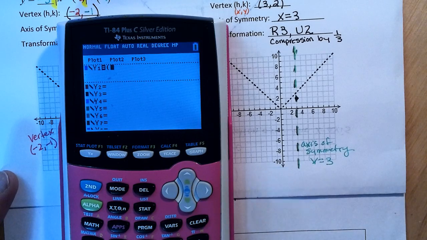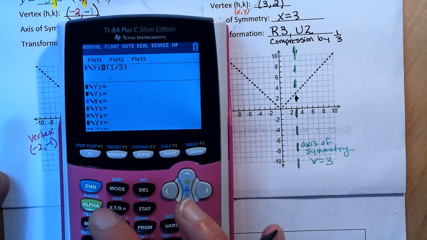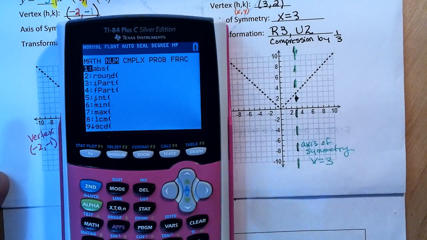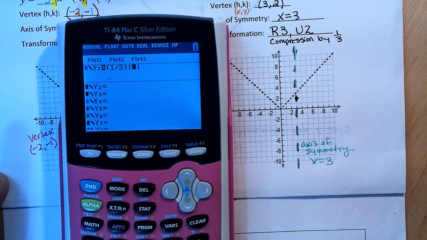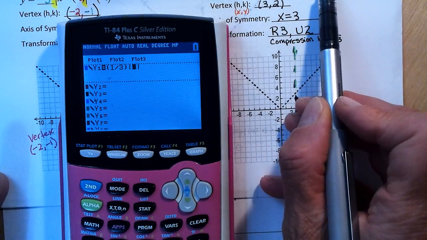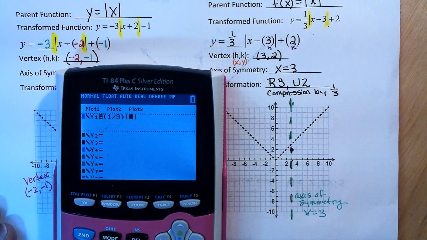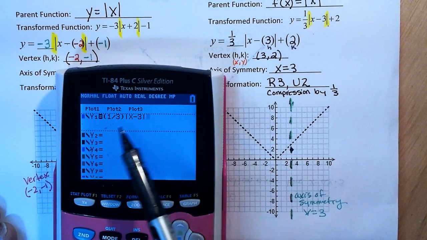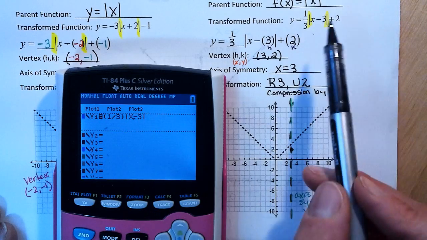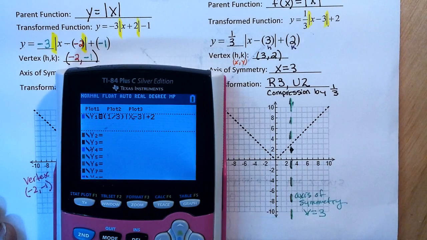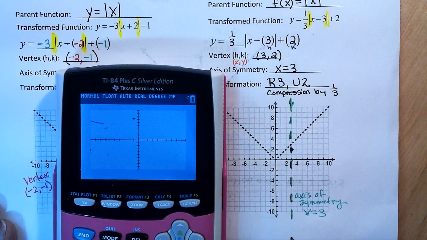So I'm going to do parentheses 1 divided by 3 close parentheses, and then I will do absolute value. So math, number, absolute value, and then I'm going to put in x minus 3 on the inside of the absolute value. Make sure I get out, and then I'm going to put in a plus 2. So go ahead and graph it.